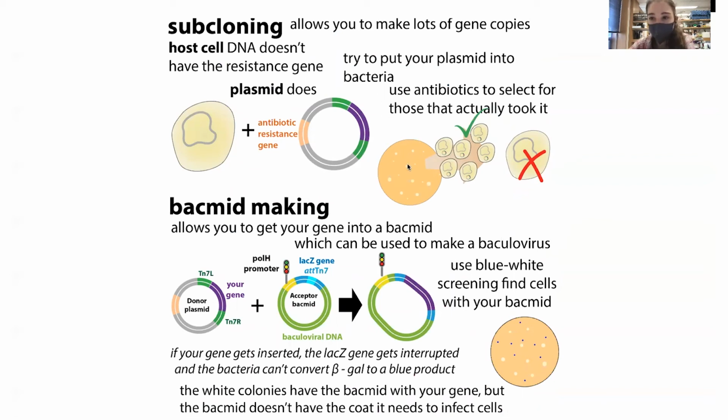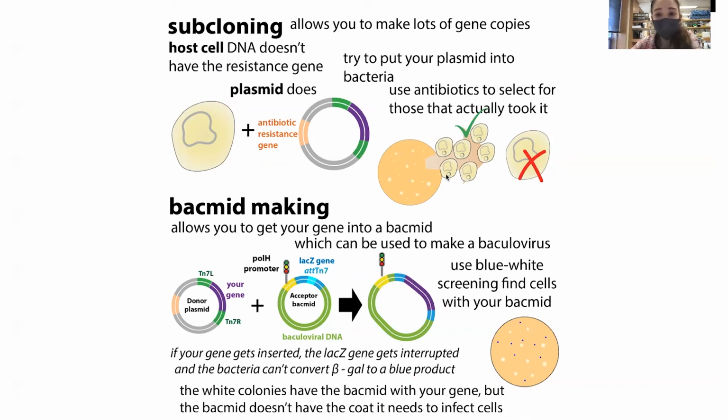We use DH5 alpha bacteria and get these products, and then we actually sequence these. So we're not doing the screening at this point. We do it in the later step. At this step we're checking that the sequence is okay, which is why we're less stringent later when we're just saying, okay, it's white, it's probably okay. Although we do try a few, because sometimes there could be problems.